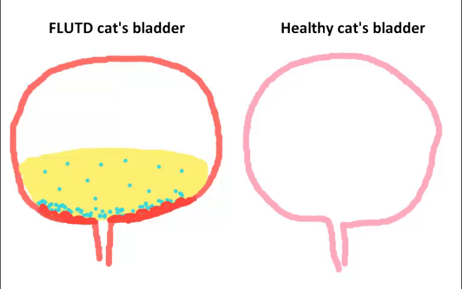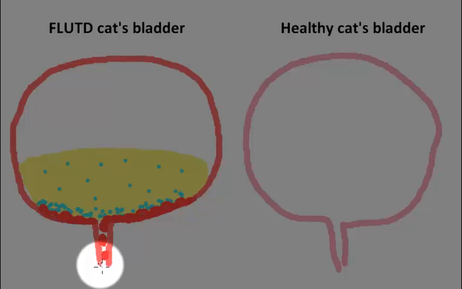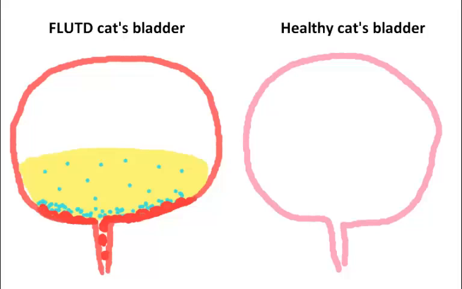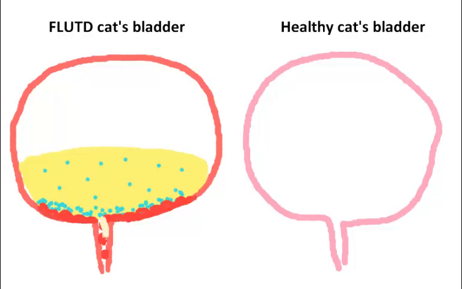What happens is these blood clots can break off and then get stuck in the urethra. Especially in male cats, their urethra is like a funnel, and it funnels the urine out of the body. Well, the tip of the funnel is very small, much smaller than the top where stuff goes in. So stuff goes in and gets stuck. So we can have these blood clots that block it up.